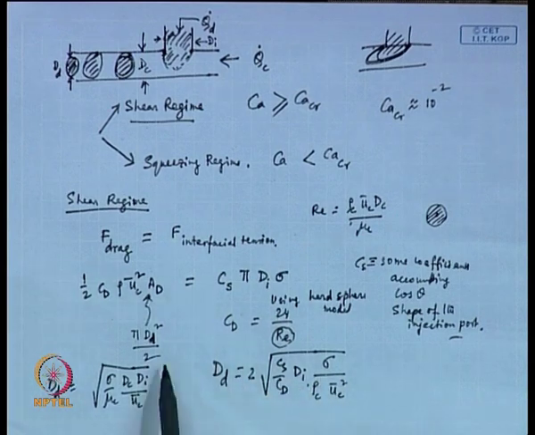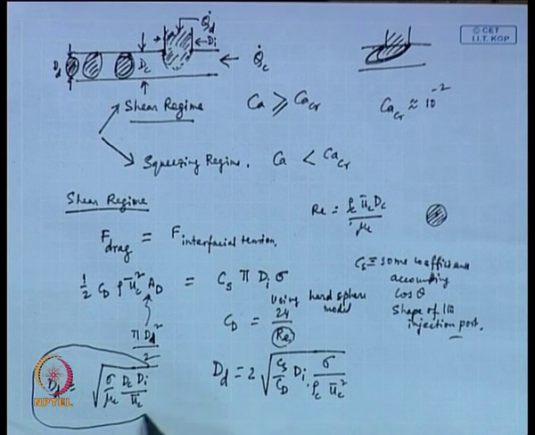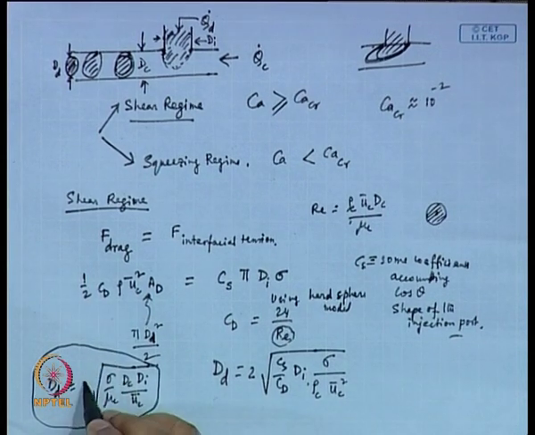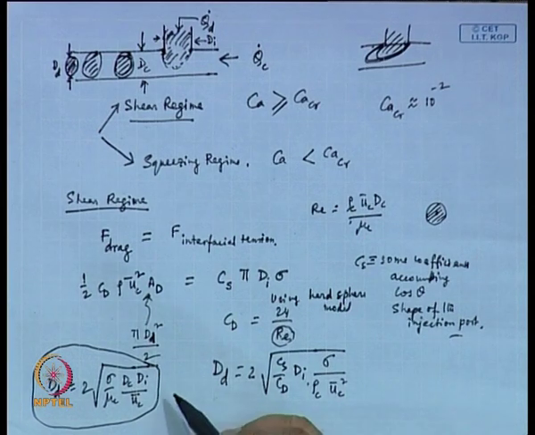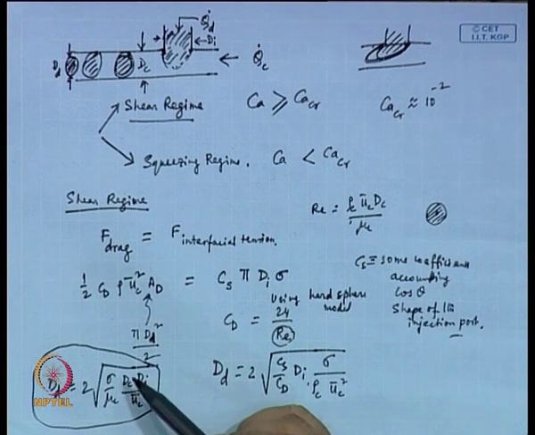If you bring in this Reynolds number, you take C_s as 1 and C_d as 24 by Re, this multiplied by 2 if it is taken as πd² by 2. So, this is basically the equation for droplet diameter.